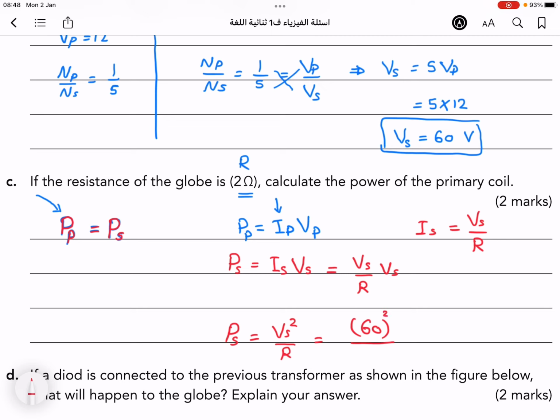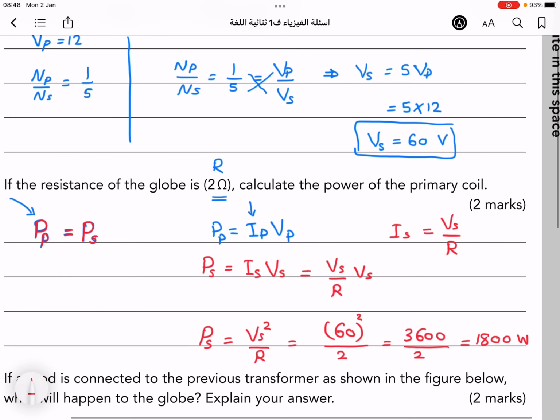So 60 square over 2 equals 3600 over 2, which is 1800 watts. This is the power in the secondary coil, and according to this I can write that the power in the primary coil equals the power in the secondary coil, which is 1800 watts.